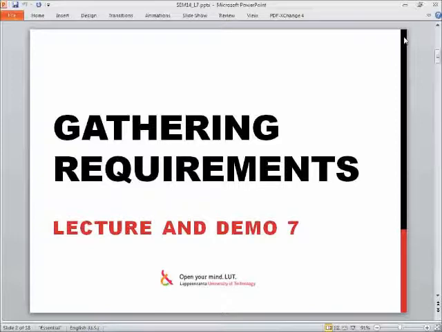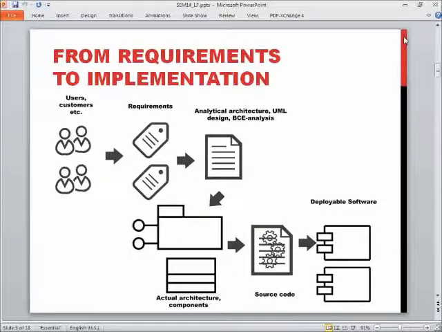So this week we will be talking about gathering requirements, doing requirements analysis and other work related to that. If we take this picture of the software process from requirements to actual implementation and deployed software, today we will be here. We will be collecting information from customers.